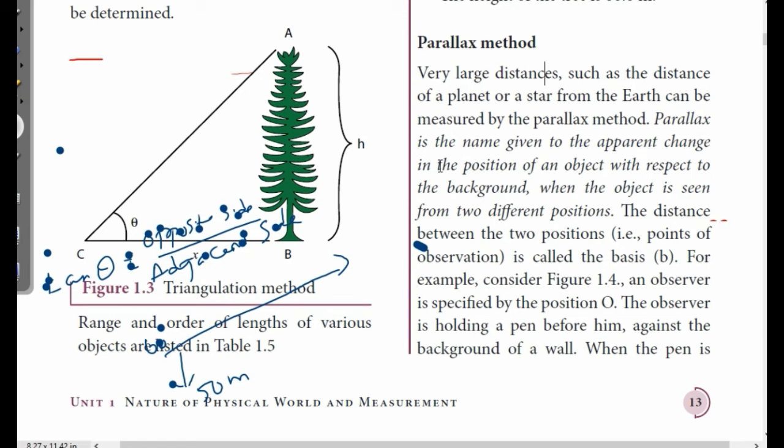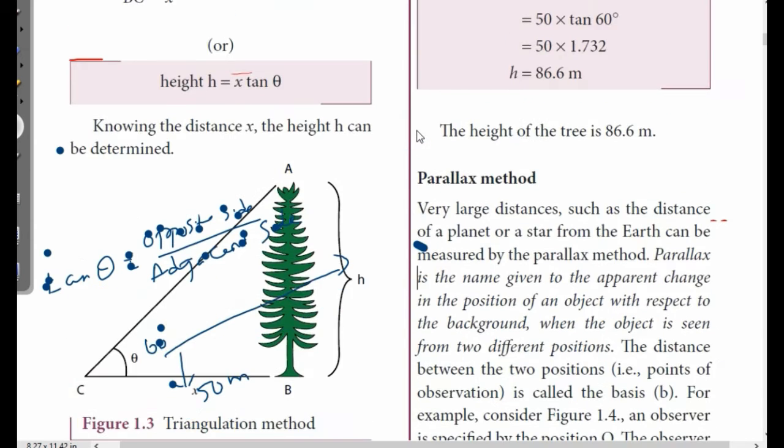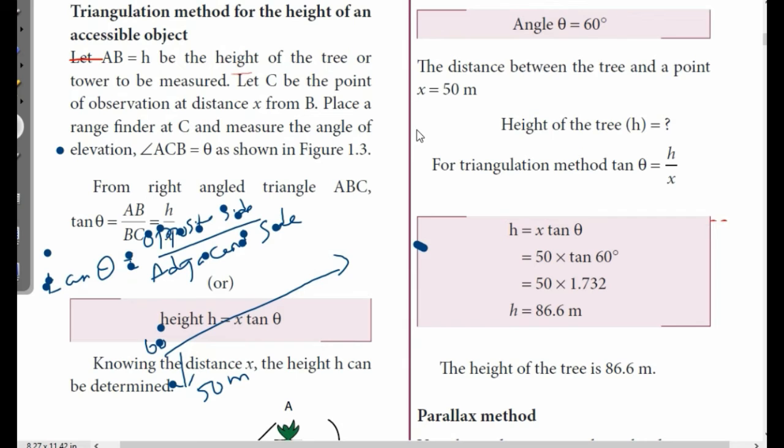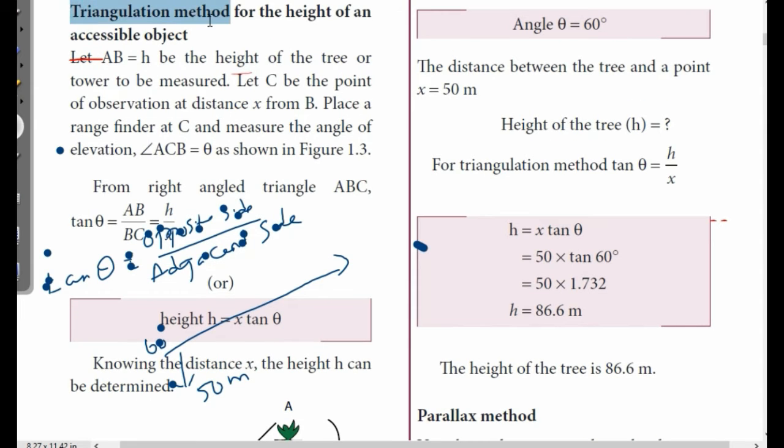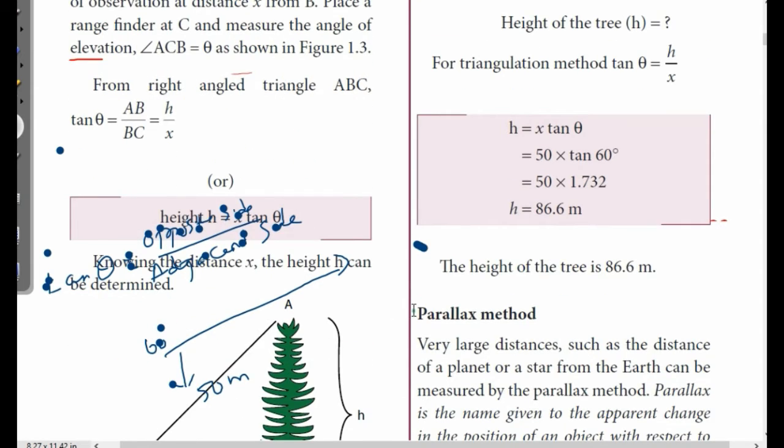Next we will see a method called the parallax method. The method you have seen for measuring smaller heights, like a tree or a tower, uses an angle, and it is called the triangulation method. Now we will use the parallax method.